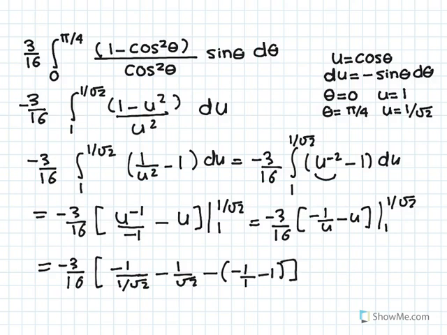When this is all simplified, you will obtain minus 3 over 16 times minus root 2 minus 1 over root 2 plus 2. And this is the answer to the definite integral.